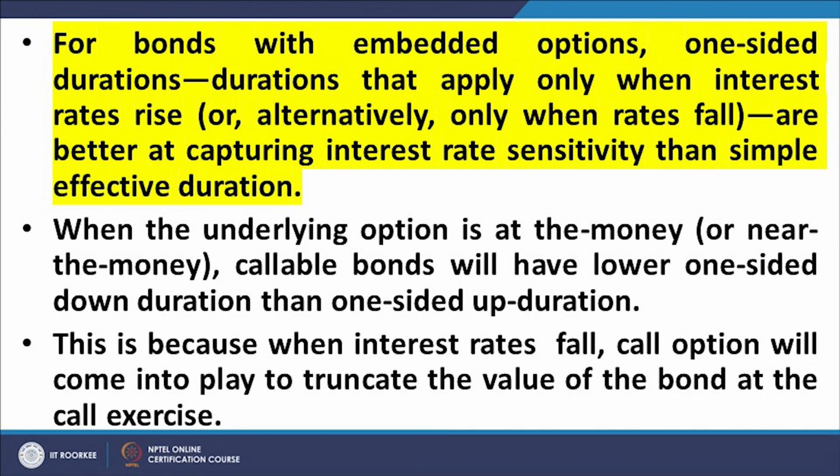When the underlying option is at the money or near the money, callable bonds will have lower one-sided down duration than one-sided up duration, because as I mentioned, a fall in interest rates triggers an increase in prices, and that raises the chance of exercise of the call option.